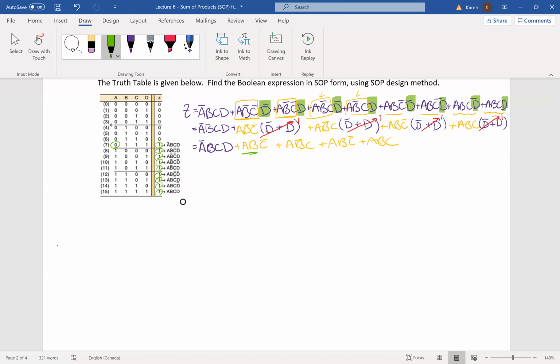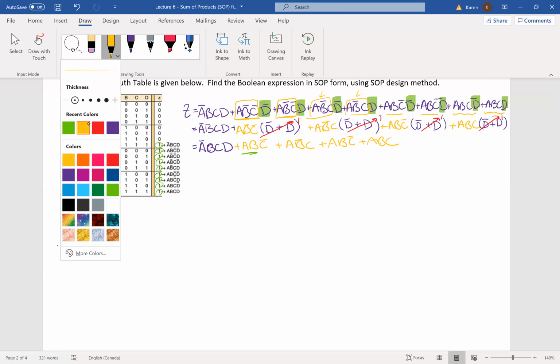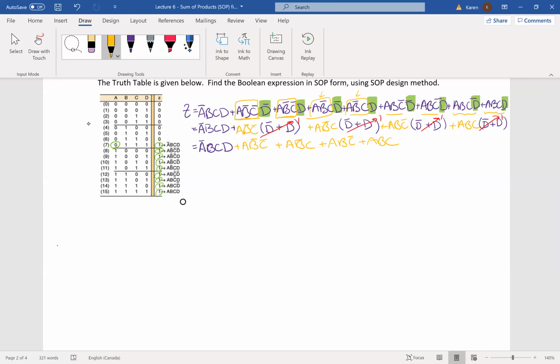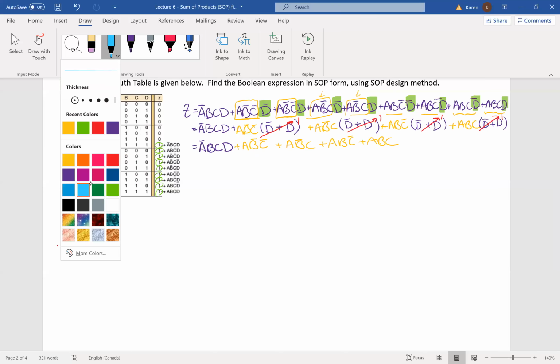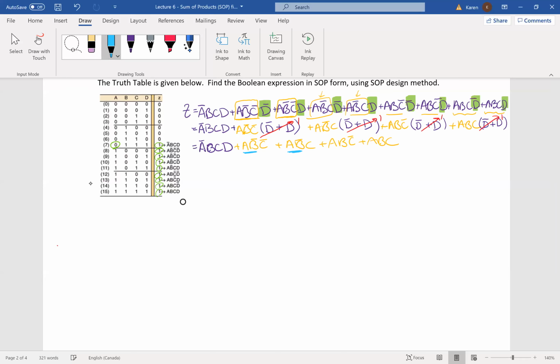Sorry. Oops, I have a problem on this. I see AB bar. I can factor out here, and I see that I have AB. I can factor out on these two, AB bar, and I can factor out AB on these two. This first term is just kind of going along for the ride here.